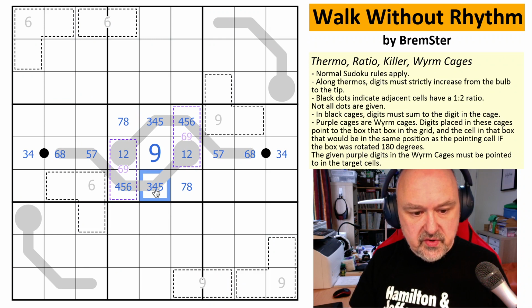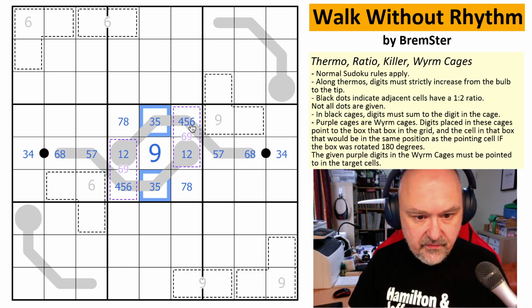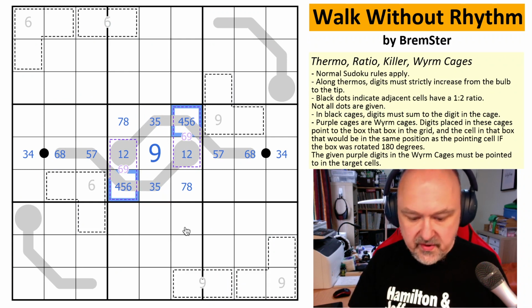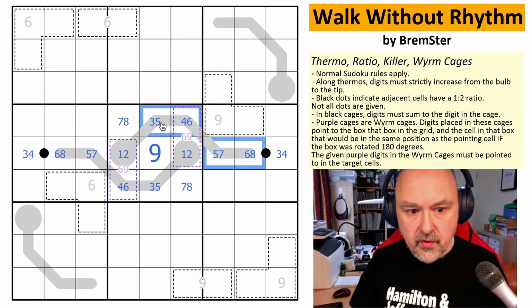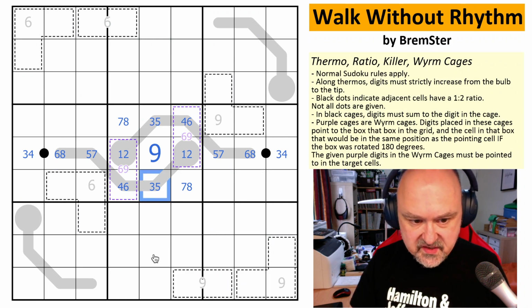We know that we can't have a 4 in the middle. So we've got 3, 5 and 4, 6, and that's just because of the way that the thermo works. One is going to have to go 6, 5, 4, 3, which is going to force 4, 3, which is going to force 5, 6 onto the other one.